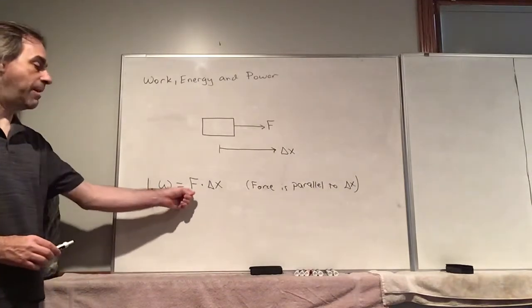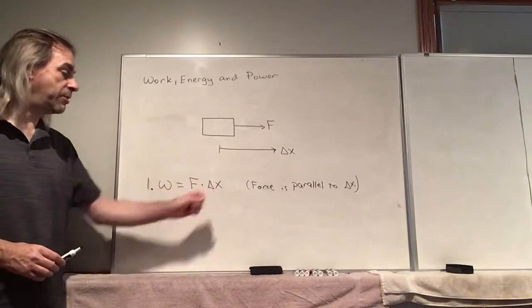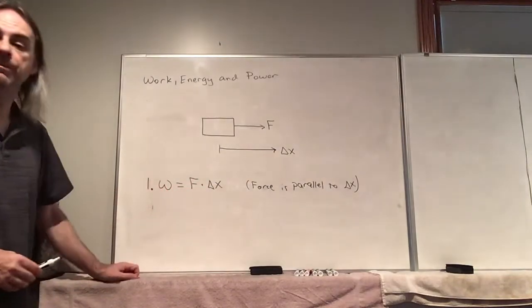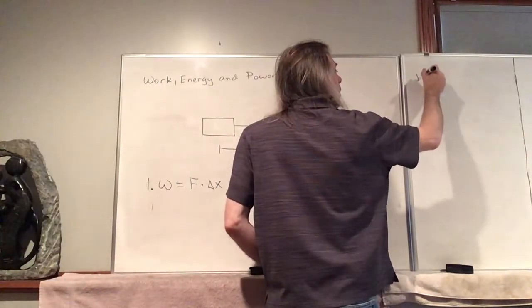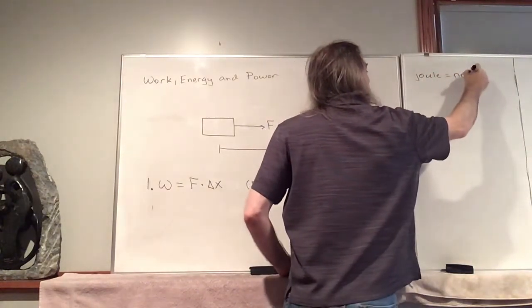Now, let's talk about units for a moment. Force is newtons, displacement is meters. This product, a newton times a meter, we give that a name, we call it a joule. A joule is equal to a newton times a meter.